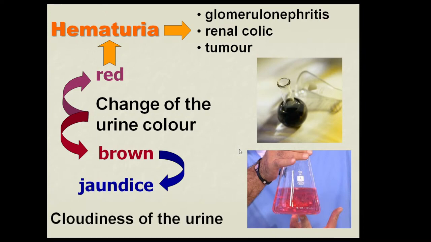In any pathology, urine loses transparency and becomes cloudy. It may be a result of some pathological elements in urine, leukocytes, protein, and other substances which can be identified only with a laboratory method.